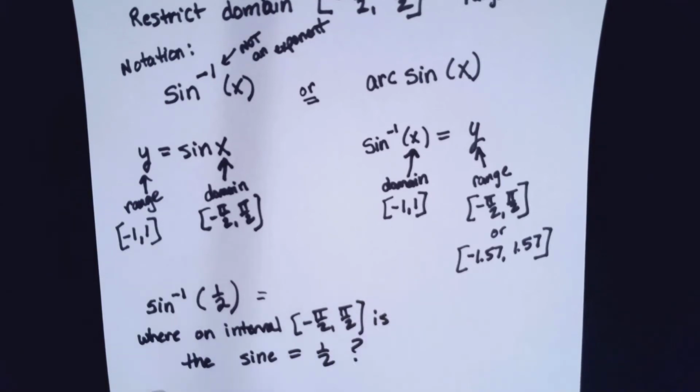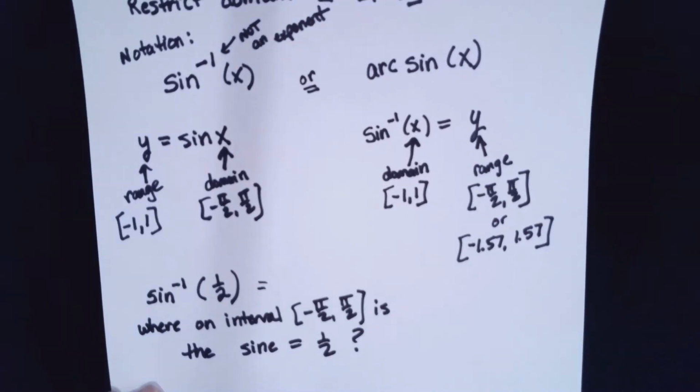So that's what they're really asking me. When they ask for the inverse sine of 1/2, they're asking me where on the interval from -π/2 to π/2 is the sine function equal to 1/2.